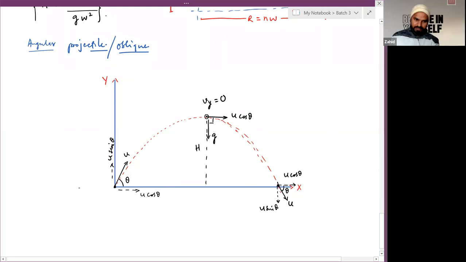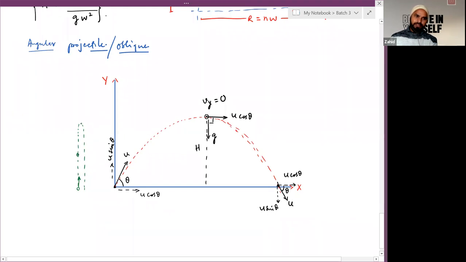Now, if you define it, let's say body is starting from this point. So it will rise along this path to reach the highest point and then return back to hit back. Velocity of projection along this direction is u sin theta.